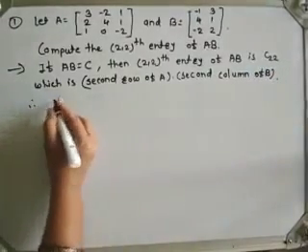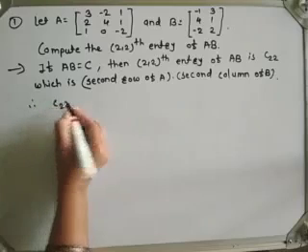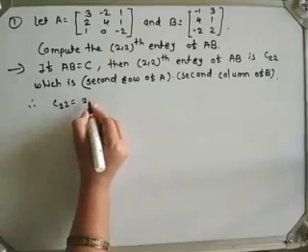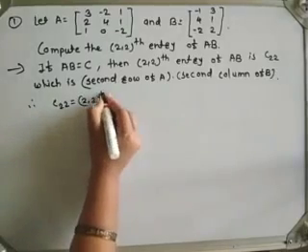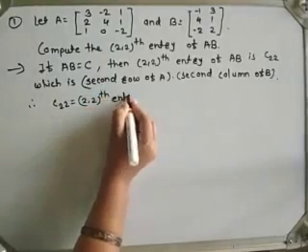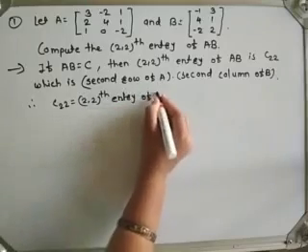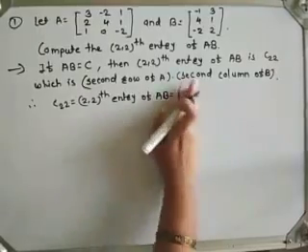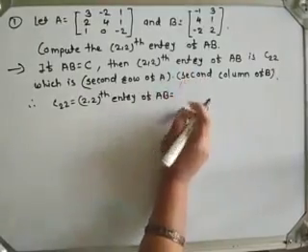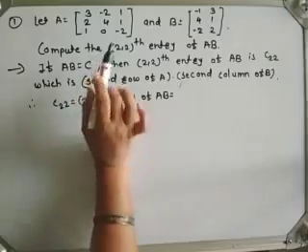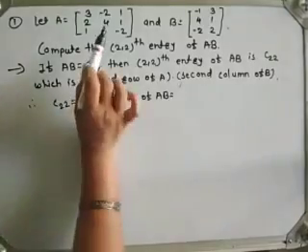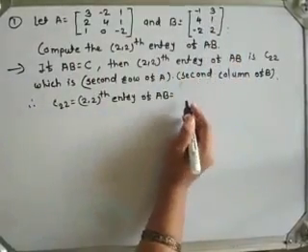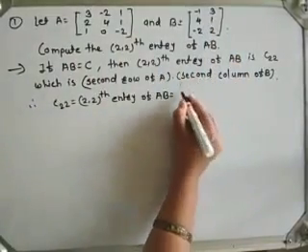Therefore, C22, which is the (2,2)th entry of AB, is nothing but we have to multiply corresponding entries of the second row of A and the second column of B and add them.